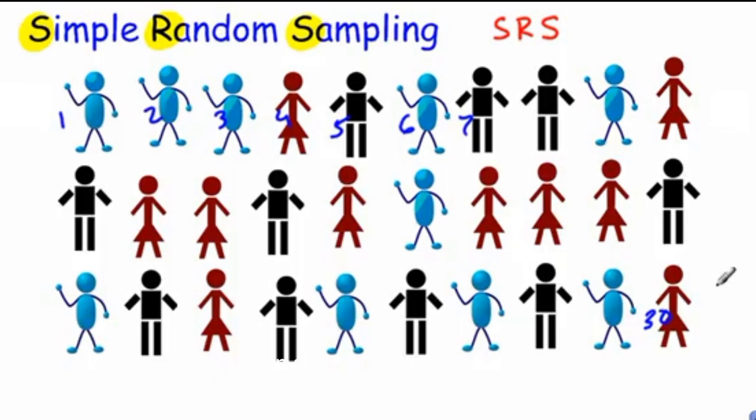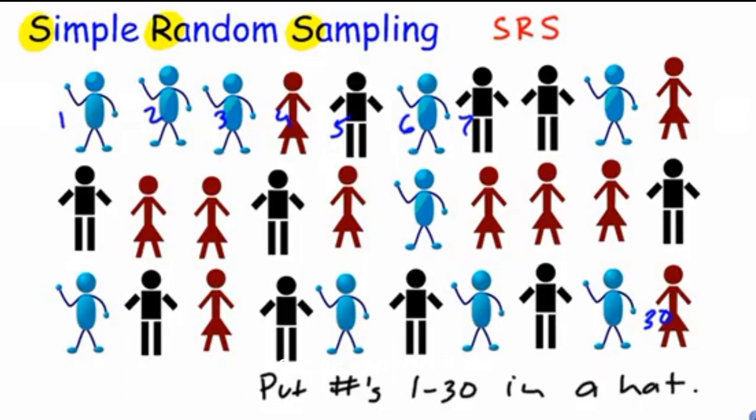So here we can see a population in a total of 30. It can be a student, a dog owner, a senior citizen, it can be anything you want it to be. We will get 10 samples from this population.